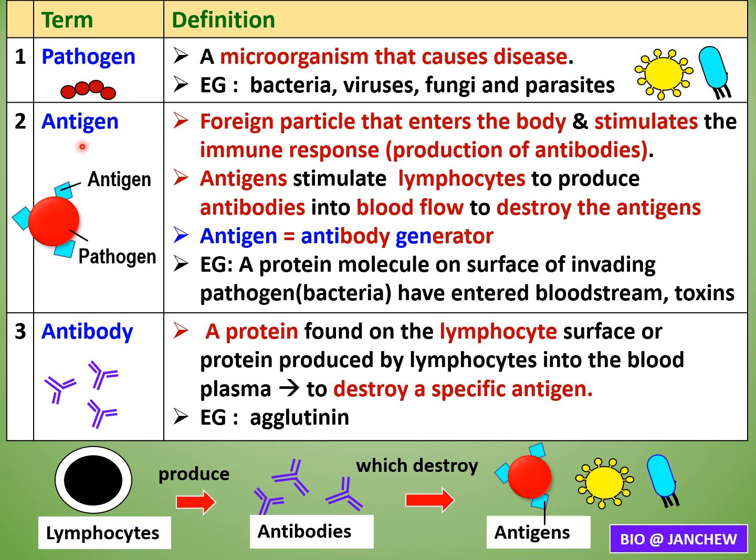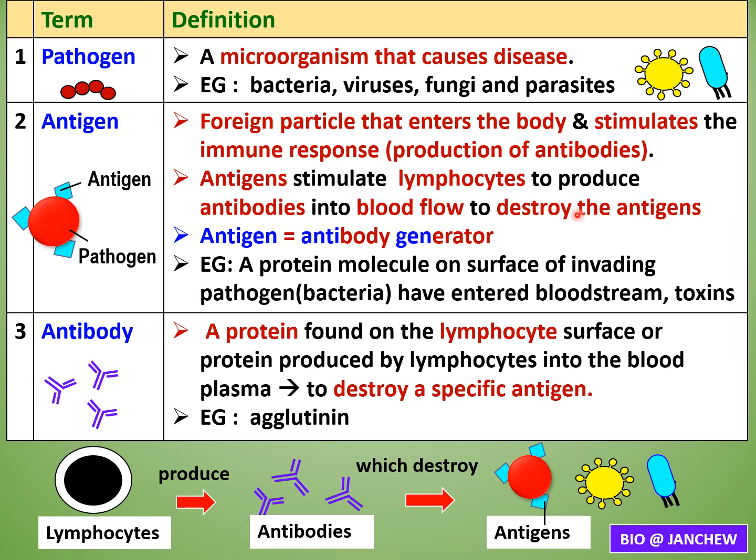So an antigen is a foreign particle, benda asing, that doesn't belong to the body. When it enters the body, the immune system, our defense mechanism, will recognize it as something foreign, not of the body, and so the lymphocytes will be stimulated to produce chemical substances called antibodies into the blood to destroy these antigens so that they do not cause any disease or problems in the human body.